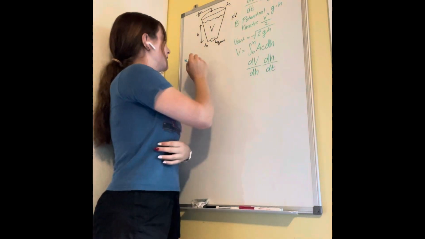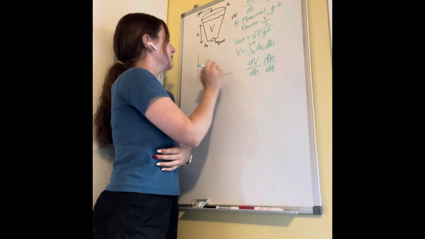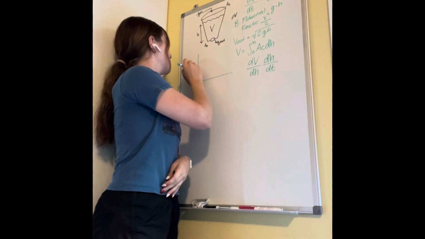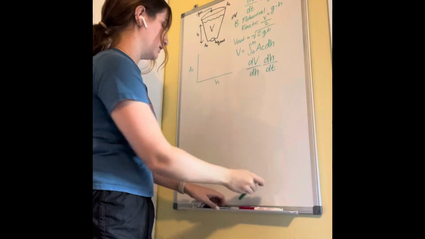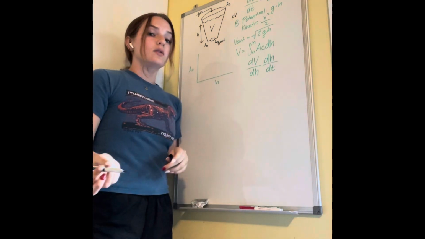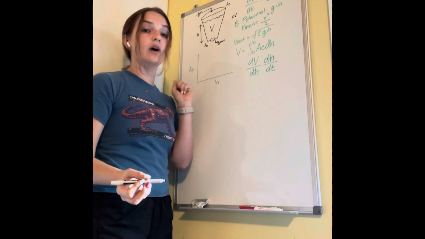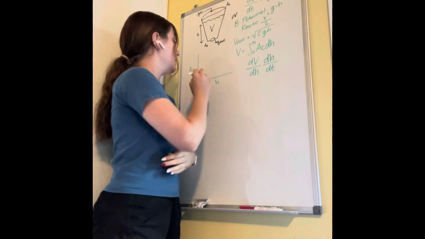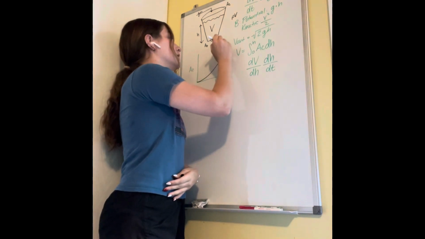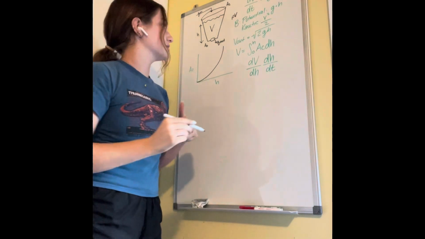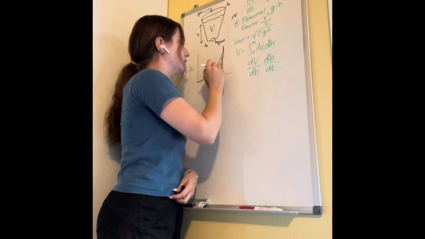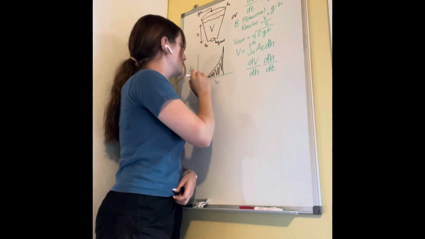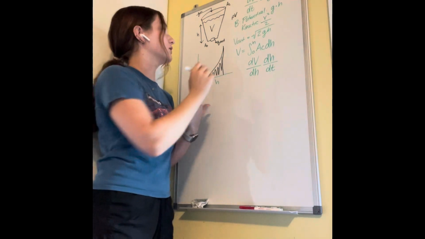So now if we look at this system graphically, we have AC on our y-axis, we have h on our x-axis. So we know that the cross-sectional area and the height increase with each other. So our graph will look something like this. So the volume can be represented by all of the area underneath the curve.